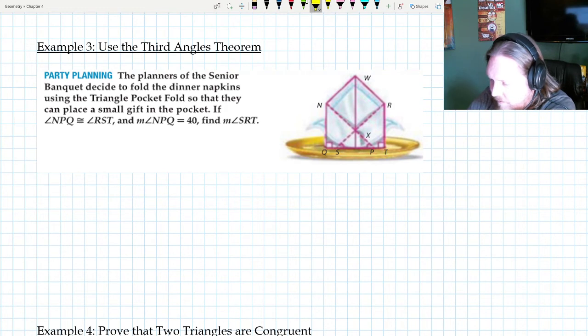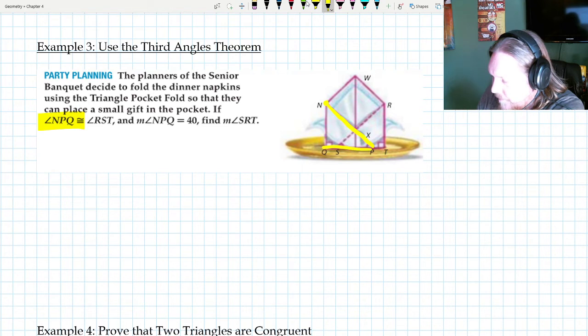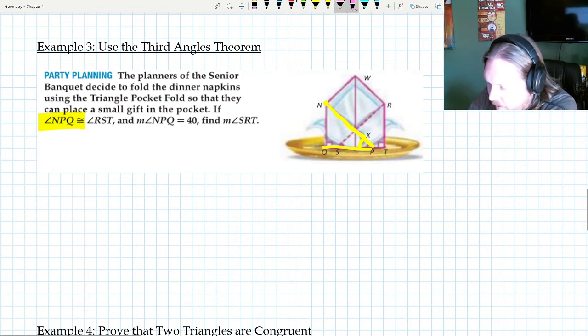Let's highlight some stuff. Let's do NPQ in yellow. NPQ. And you can see I kind of covered it up, but there is a little mark there. And then we have RST. Let's highlight that one out there.